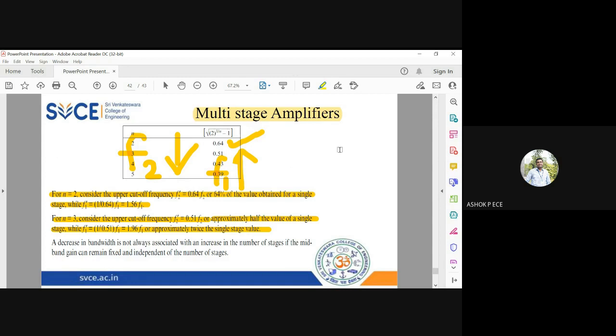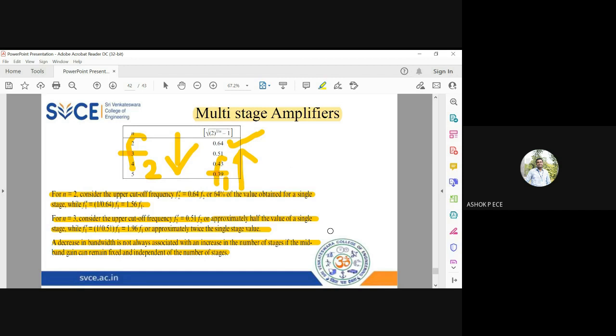A decrease in bandwidth is not always associated with an increase in the number of stages if the mid-band gain can remain fixed and independent of the number of stages. The general rule is that if the number of stages increases, the bandwidth will decrease, but this is not always true. If you can maintain similar parameters in all the amplifiers, then you can also conserve bandwidth.